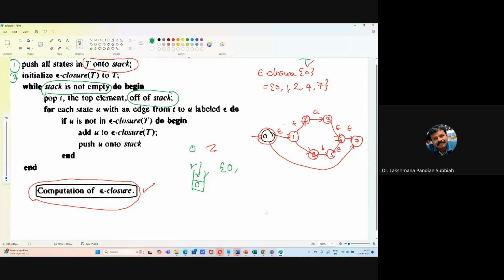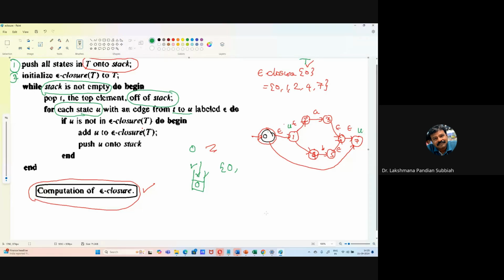And then for each state u, note that down. For each state u with an edge from t to u labeled epsilon. What are the edges from t to u? Here, 0 to 1, right? Then 0 to 7. So these two states.